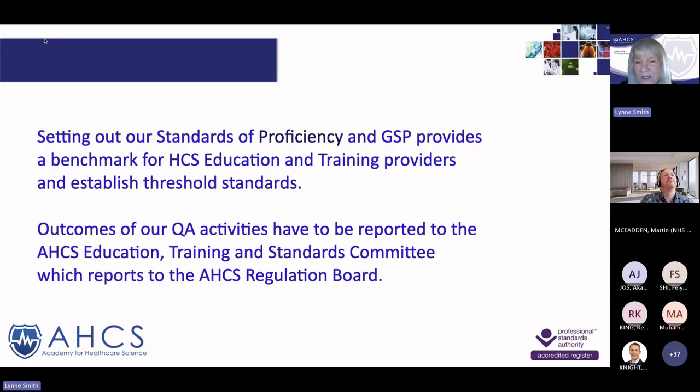So we set out our standards of proficiency and GSP as a benchmark for education and training providers, and we establish threshold standards.